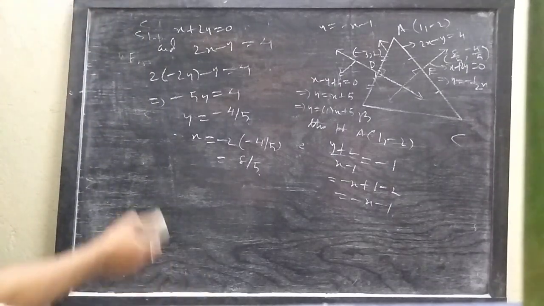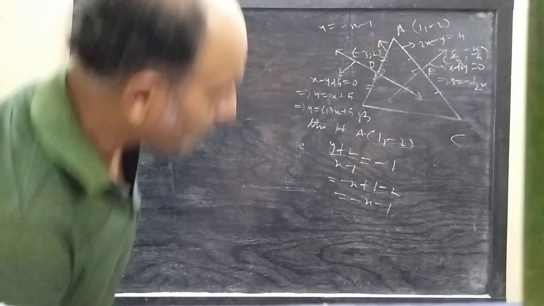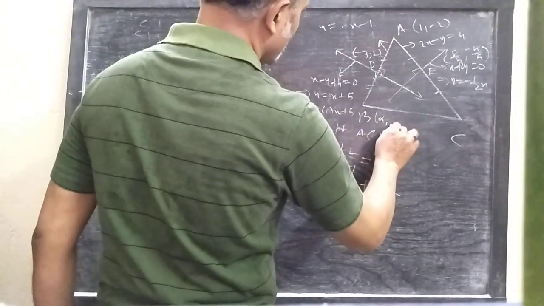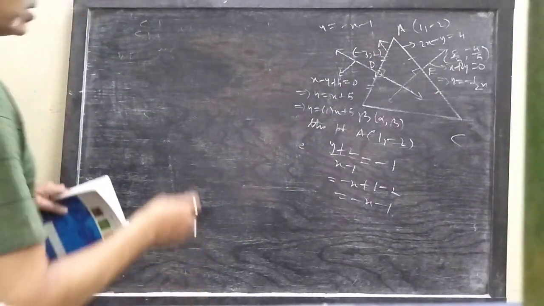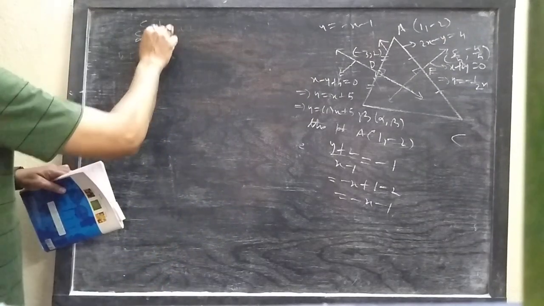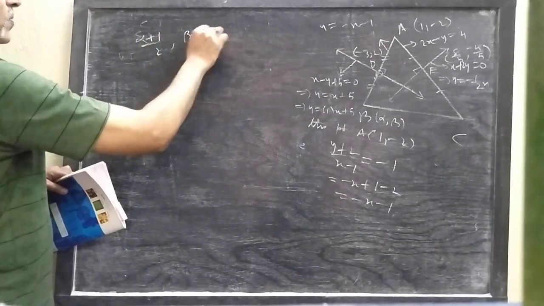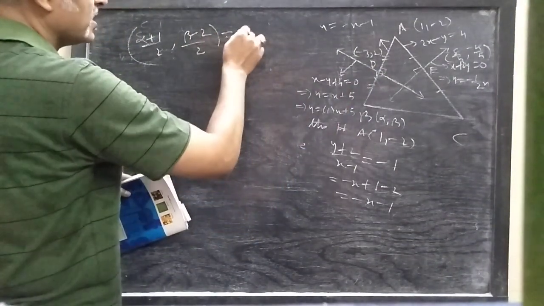Now let us find the coordinates of the point B. For this, let the coordinates of B be (alpha, beta). Then the midpoint of AB is D, so you can write (alpha plus 1) by 2, (beta minus 2) by 2 equals the coordinates of D, which is (minus 3, 2).